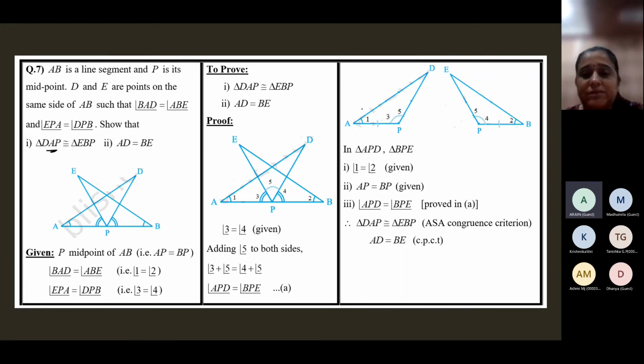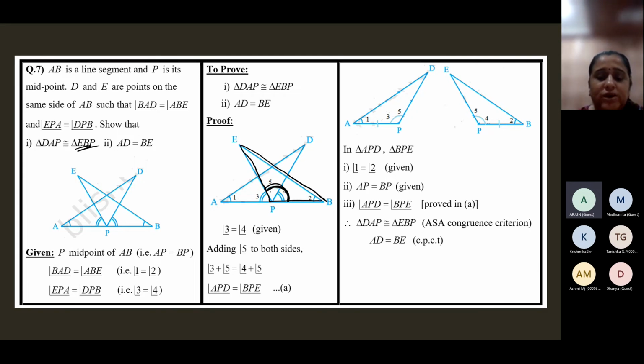Now this is triangle DAP. When you see this triangle DAP, this angle is 3 and 5 together. That's why I've written 3 and 5 here. And when you take the other triangle, that is EBP, you can see that this is the complete angle.